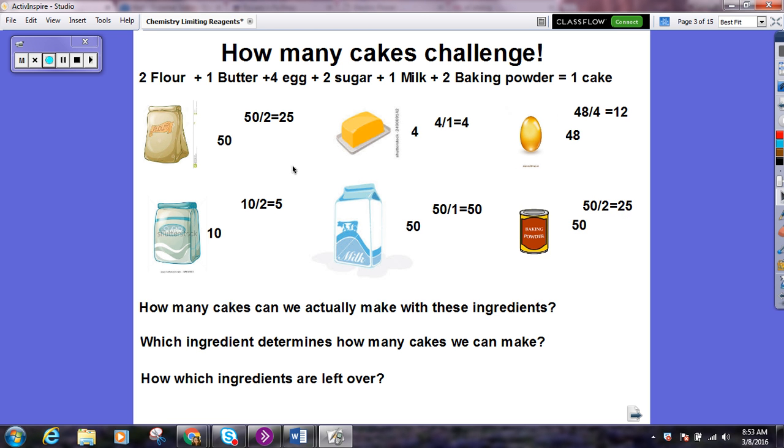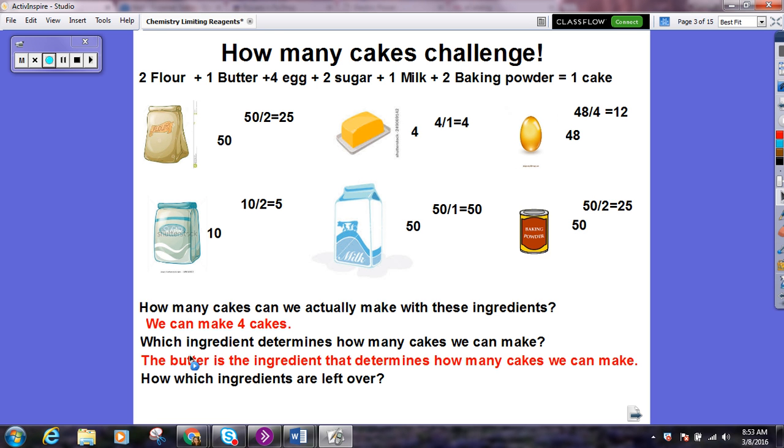When we compare all of these whole numbers of cakes, we know that the least amount of cakes that we can make is 4. So we can actually make 4 cakes. So which ingredient determines how many cakes we can make? The butter determines how many cakes we can make, simply because it has the least amount.